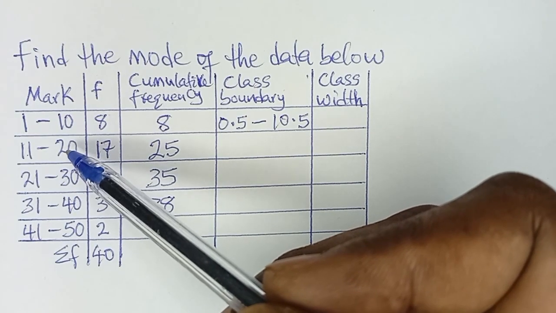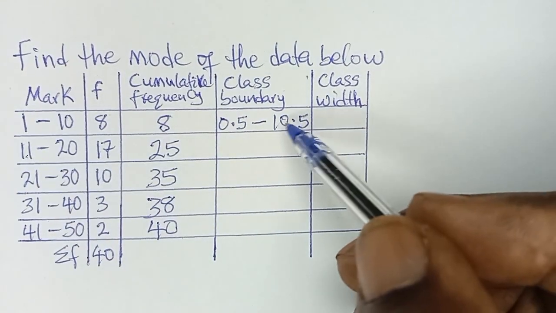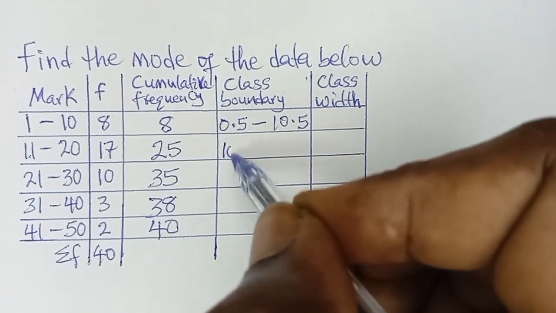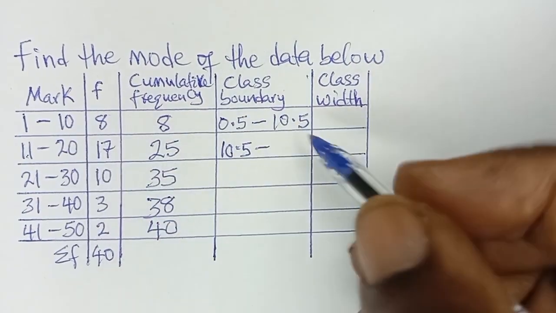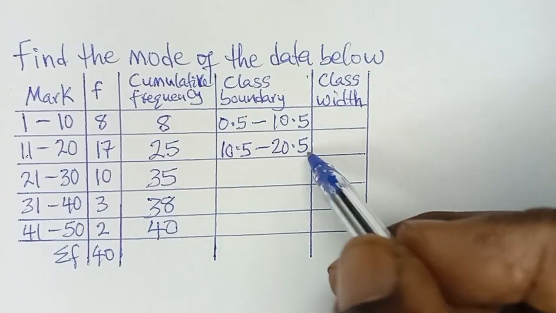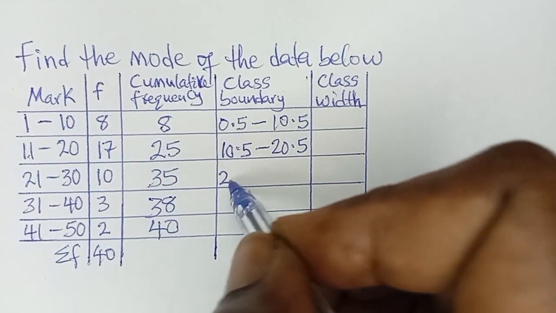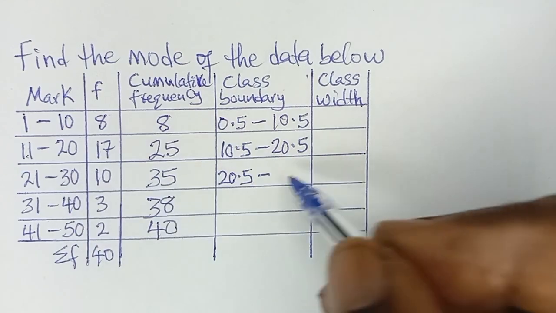upper class limit. So now, 11 minus 0.5 will give us this 10.5 here. And 20 plus 0.5 will give us 20.5. And then this 20.5 will start this next class, 20.5 to 30.5.